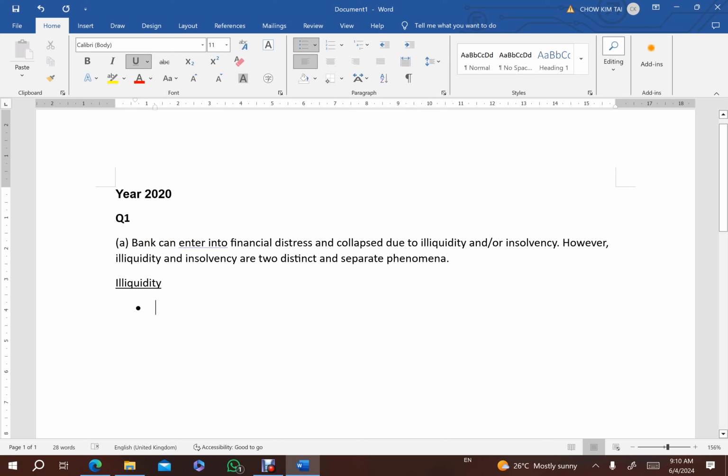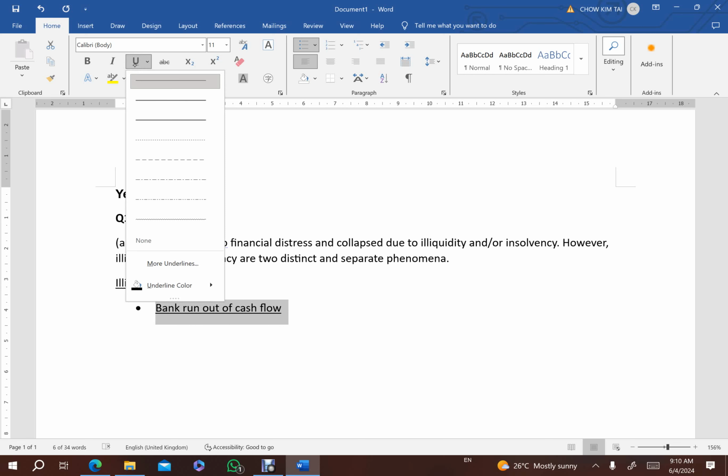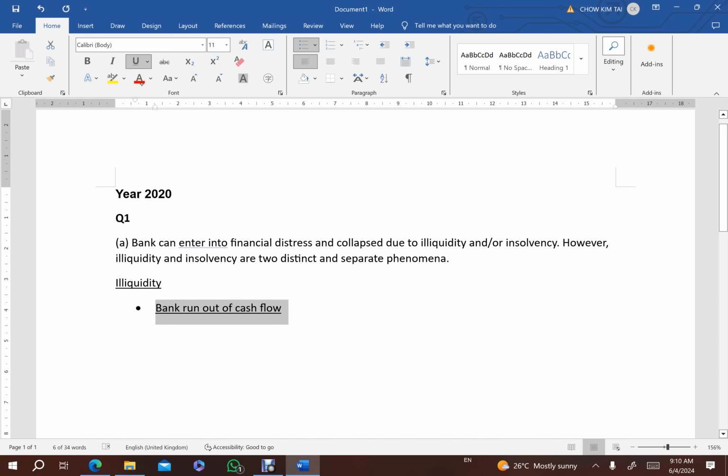Now, illiquidity is the situation where the bank runs out of cash flow. You don't answer in bullet points, you use paragraphs. This is normally unexpected and happens very fast.